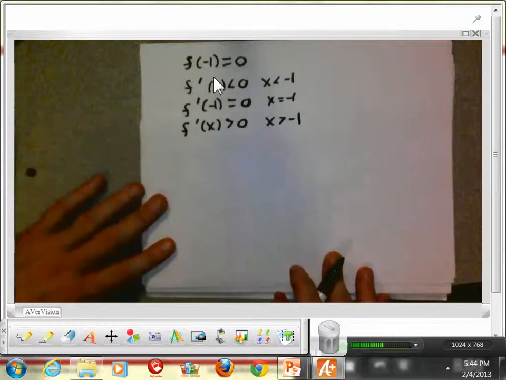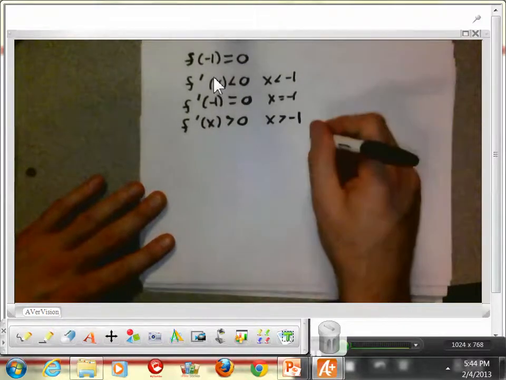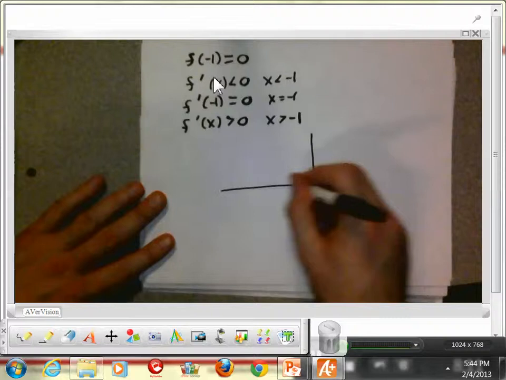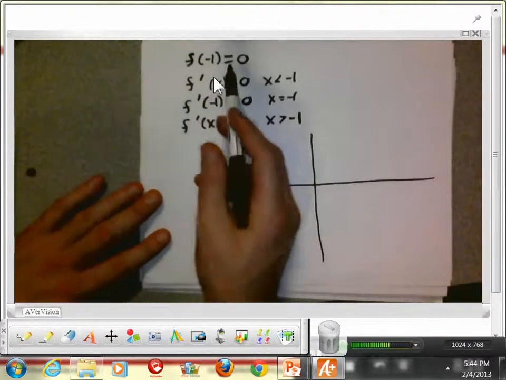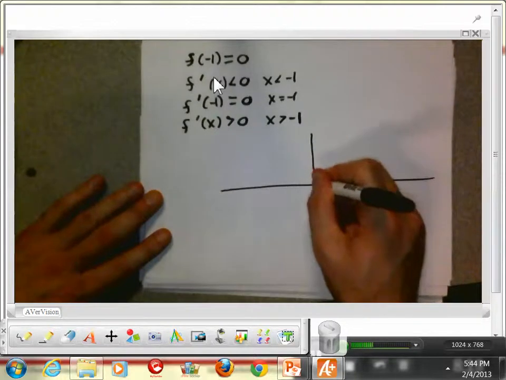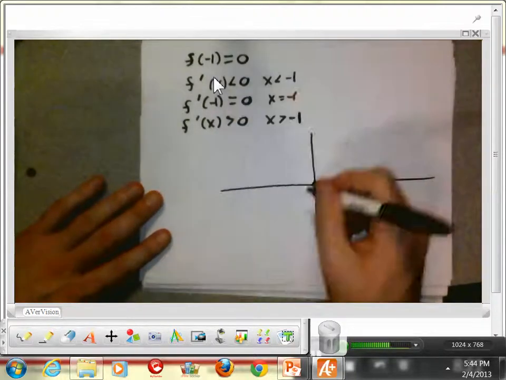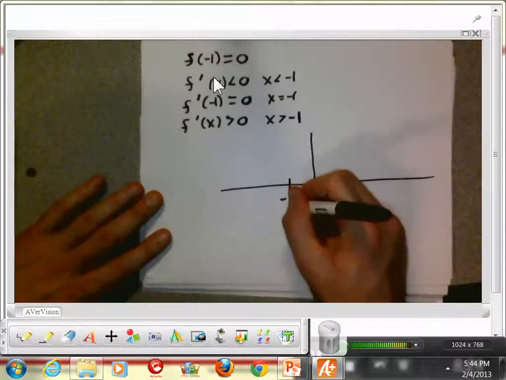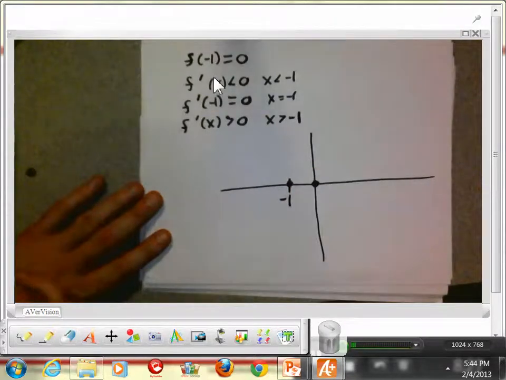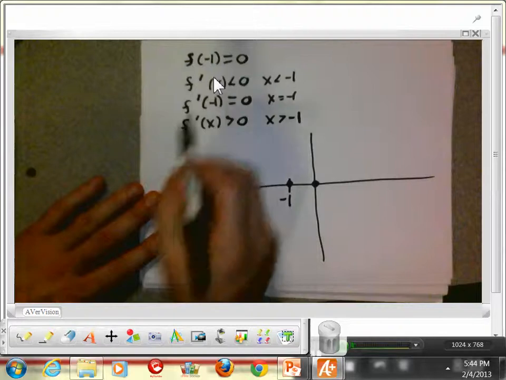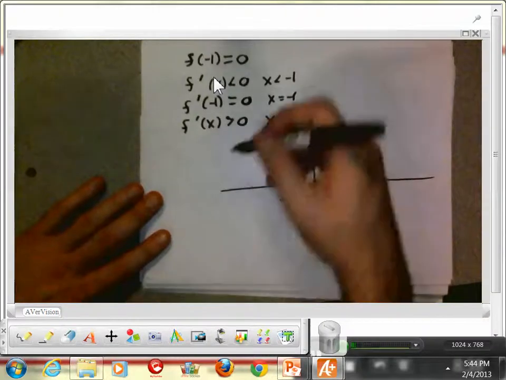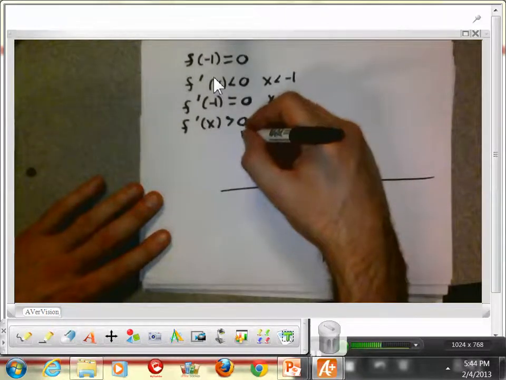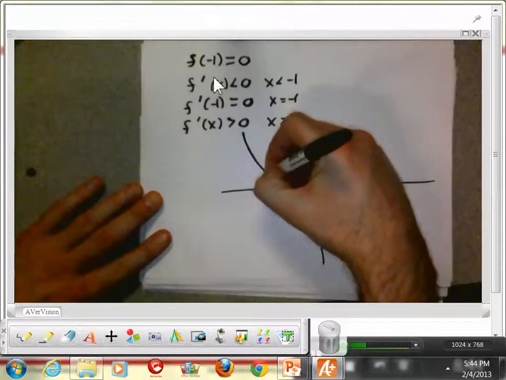So if we draw with each of these conditions, we know that f of negative 1 equals 0. So if I go out to negative 1, the value of the function is 0 over here. Now, if I'm to the left of negative 1, is the function going up or down? Down, right? Approaching negative 1, the function is decreasing.